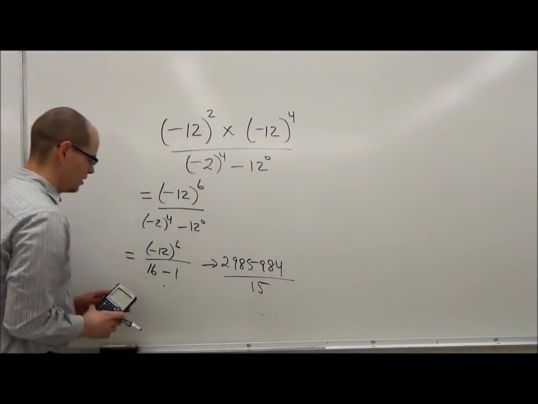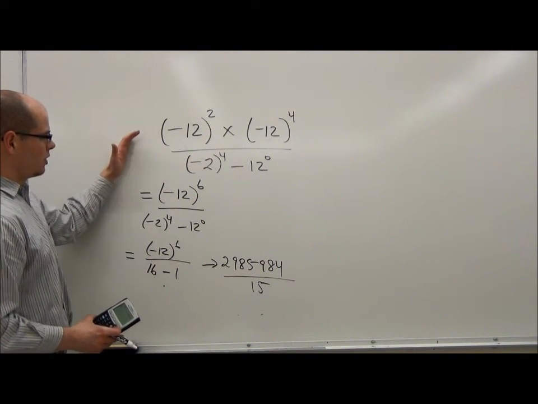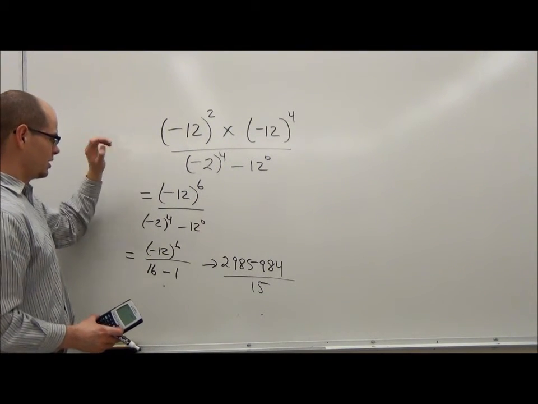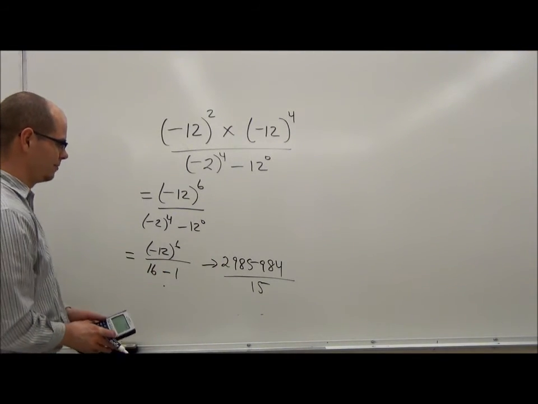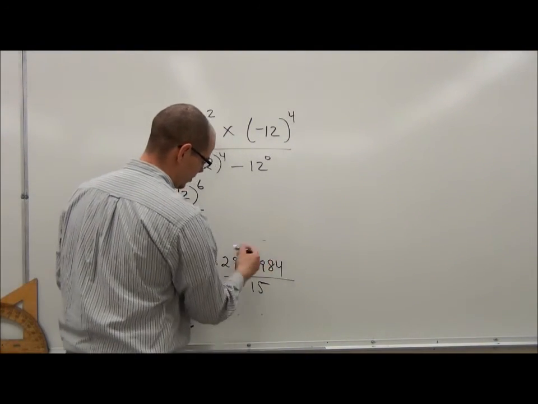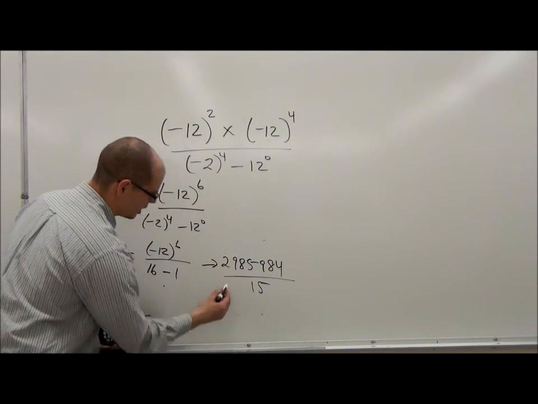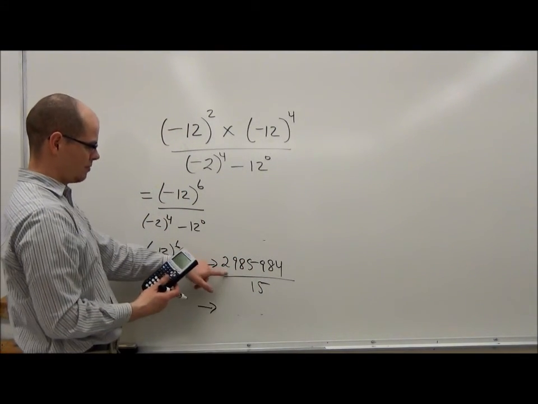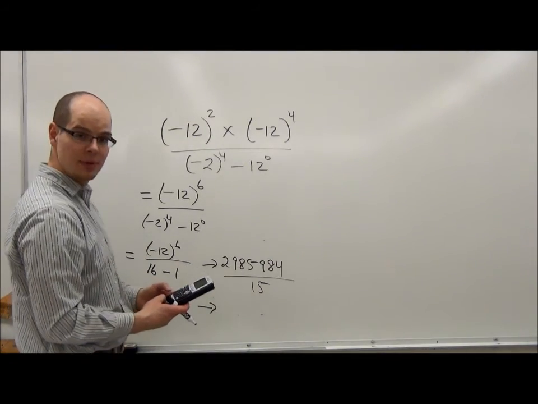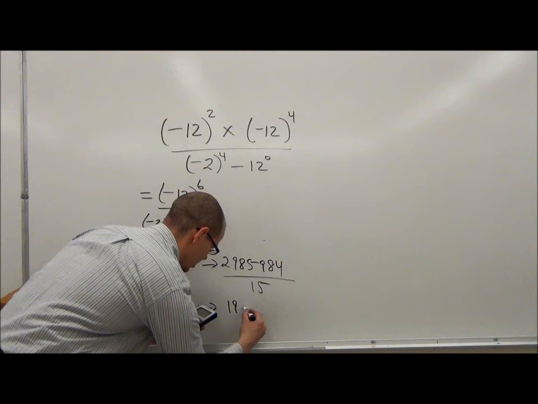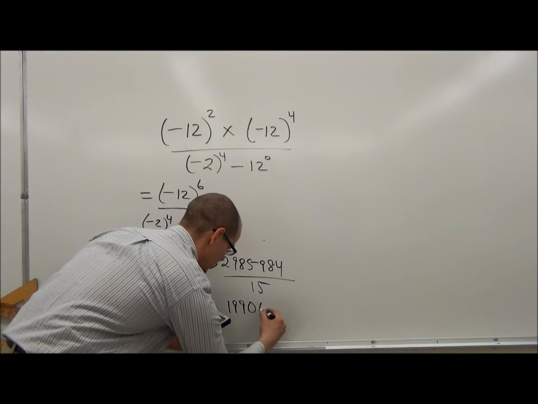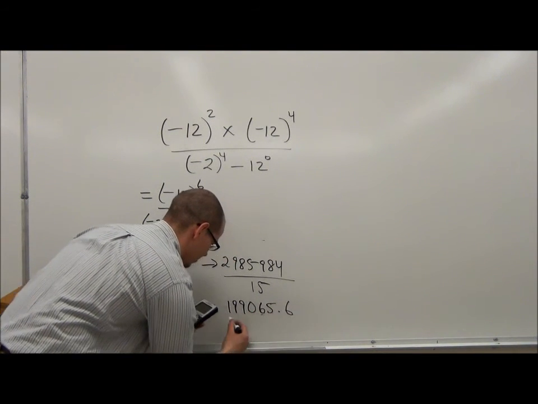So you notice all the way along here I've been doing multiplying, dividing, exponents. My last step, I took care of my subtracting here in the bottom. So I'm almost done. I just need to represent this as a single number. Again, use your calculator. Divide that number up top by 15. And you get 199065.6.